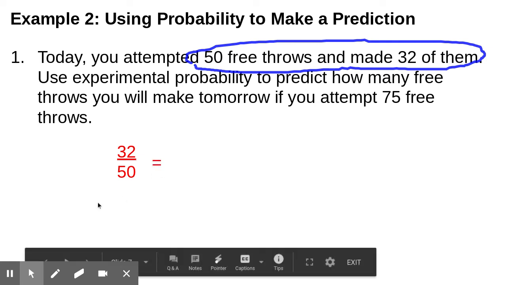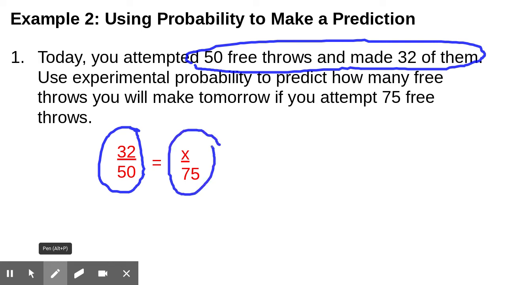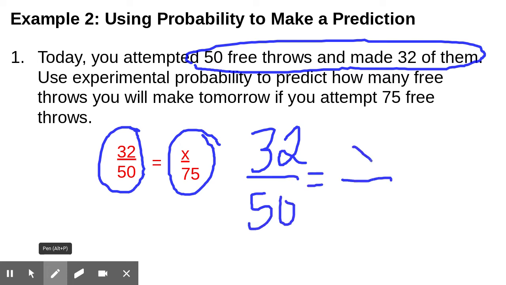If you remember, a proportion is a fraction equal to another fraction. So I have the 32 out of 50 here. This was my first probability. So if I make 32 out of 50, I want to know how many out of 75 I will make.